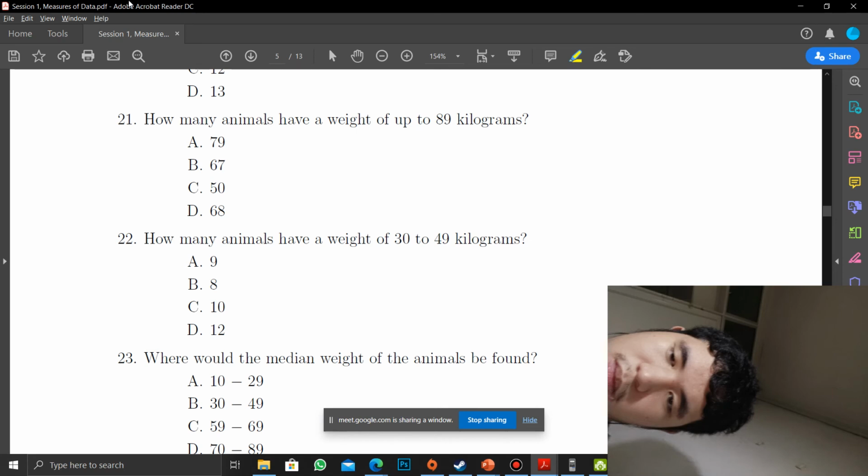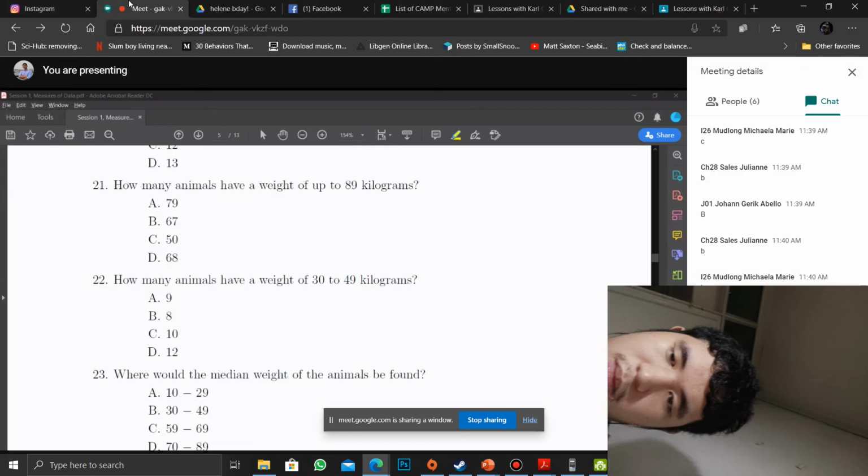Bakit C? Okay, sige. Ang way to estimate kung nasaan yung median weight, ang hinanap natin dito is median class, di ba? If you look at the frequencies, 79. To estimate kung nasaan yung median, 79 plus 1 divided by 2. So, that's 40. So, ang median, alam natin nasa 39 to 40th term.